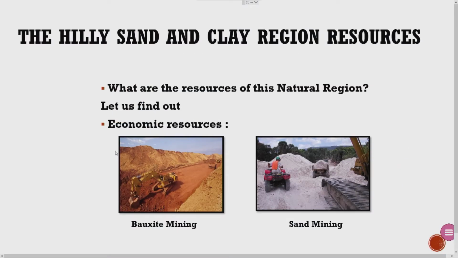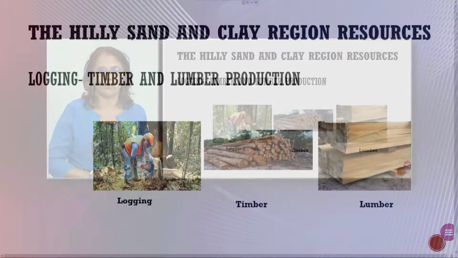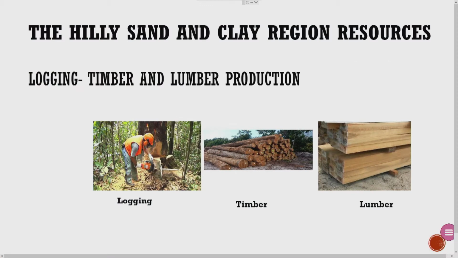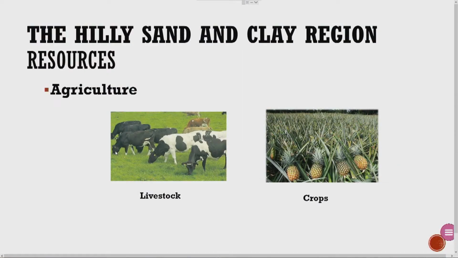We have bauxite mining, sand mining, logging, timber and lumber production. We have pictures there. We can see logging, we can see the timber and lumber. Resources, agriculture. We have livestock and we have crops.